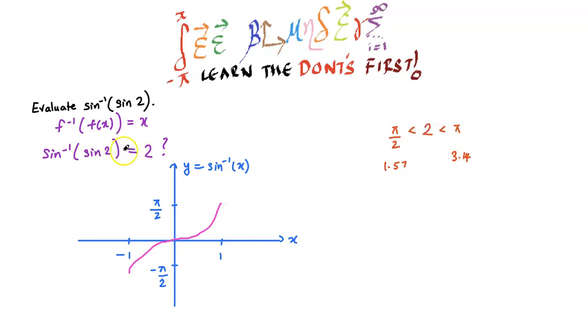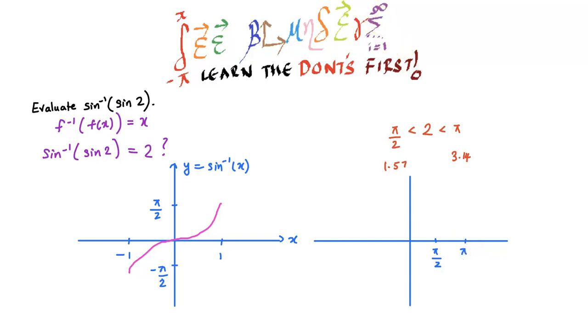And so for sine 2, we also have to plot sine x to understand where sine 2 would be. There's pi by 2, and there's pi.